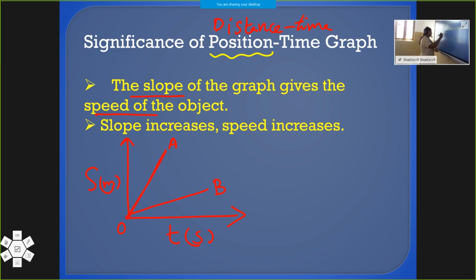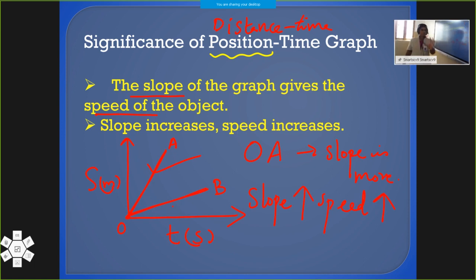This is a straight line OA and OB. These two represent the motion of two different cars in uniform motion. Which has more slope? Yes, OA has more slope. When slope increases, speed increases. So slope is more, speed will be more. So car A moves faster than B.